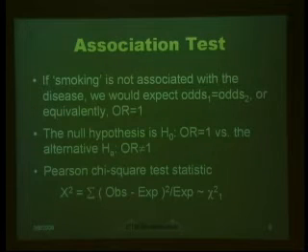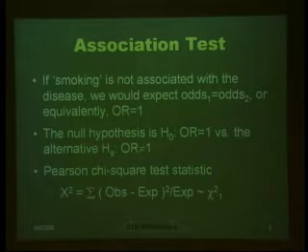And then you can also do an association test. The association test basically says, if there's no association between lung cancer and smoking status, you would expect the two odds to be the same. Equivalently, the odds ratio is 1, because the odds ratio is the ratio of the two odds.